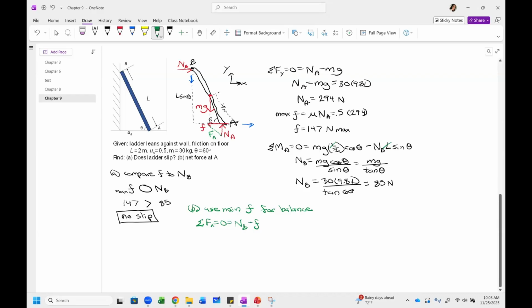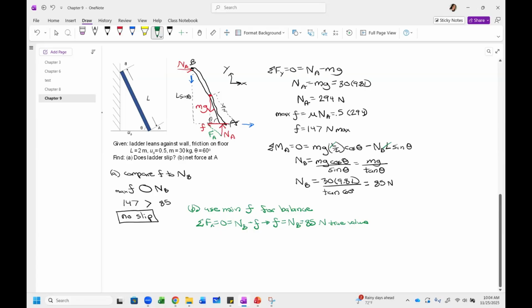And this is the real friction force. So this gives us that F equals N_B, which equals 85 newtons. And this is the true value, because it didn't need to be its maximum. If it was greater than the normal force at B, it would actually push the ladder against the wall, and we all know that doesn't happen.